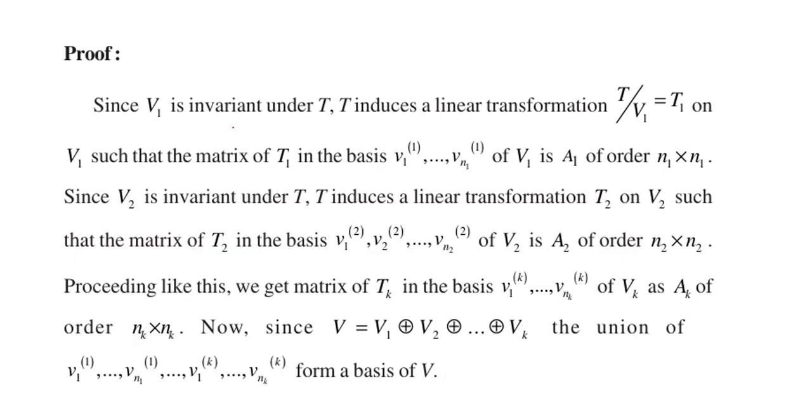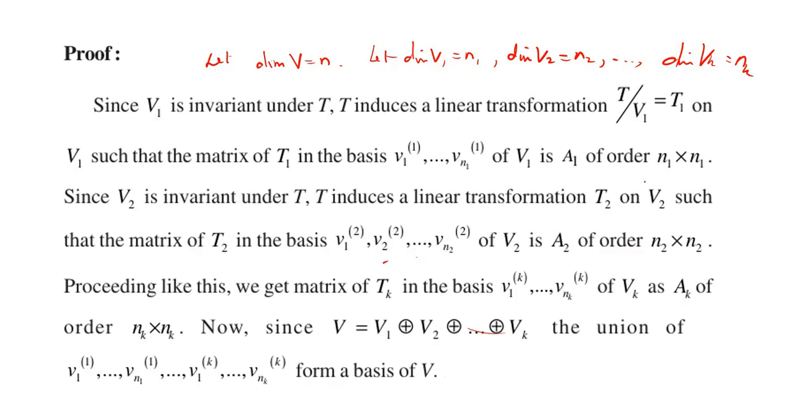So here we can also mention: let dimension of V be N to have more clarity, and let dimension of V1 be N1, dimension of V2 be N2, and so on, dimension of Vk be Nk, so that this will be meaningful.